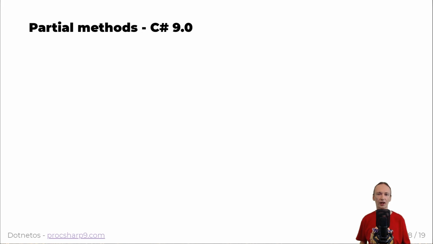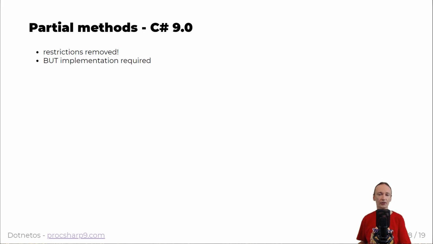So let's move to the partial methods in C#9, because they are something a little bit different from what we have just described. First of all, in C#9, all the restrictions that I've mentioned were removed. So now we have none of these restrictions when talking about partial methods in C#9. But there is a huge difference. We don't have this optionality. Now it simply means that the implementation is required.